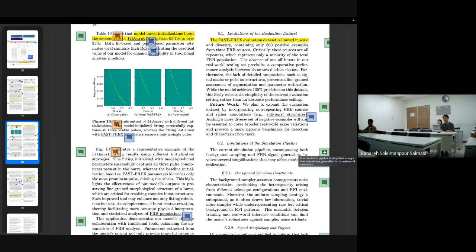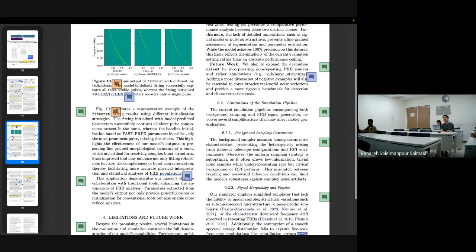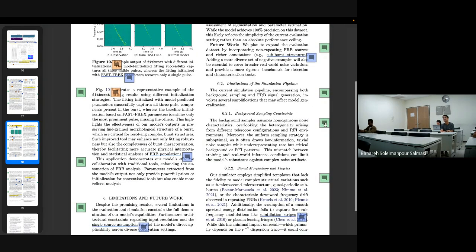If you are trying to detect FRBs on other telescopes, you have to train again. But the method will be quite similar, so it is easy if you are trying to create another model to fit other telescopes. And there are some sampling constraints, as I said.